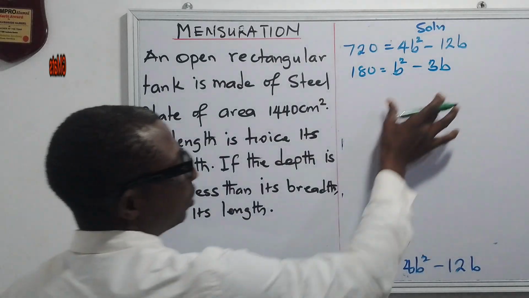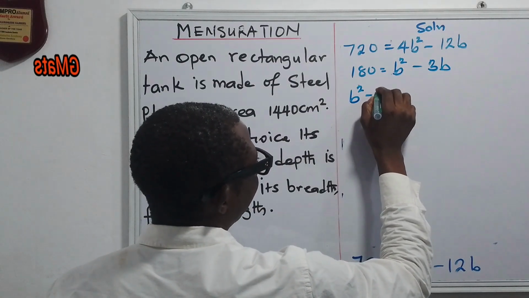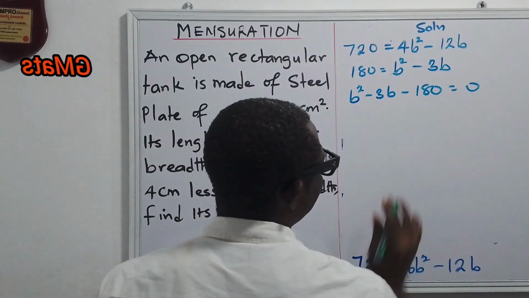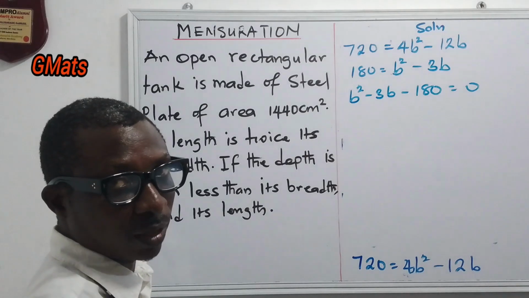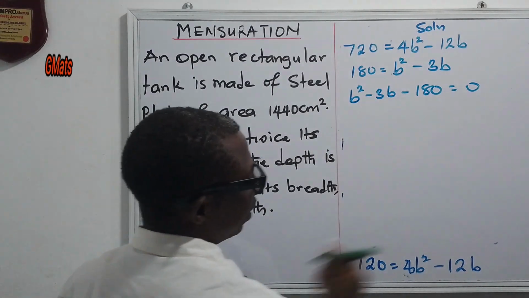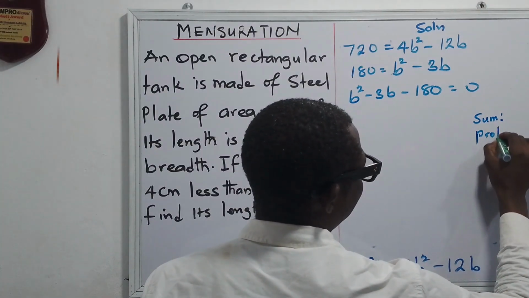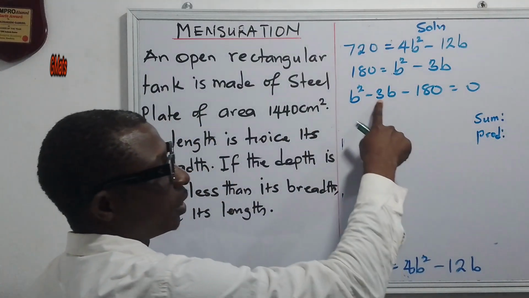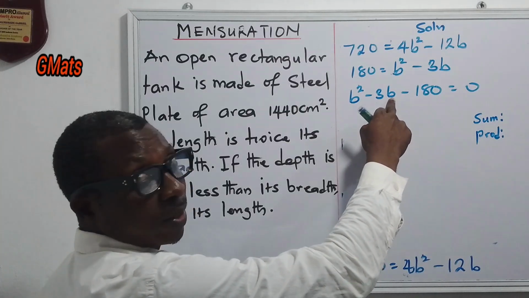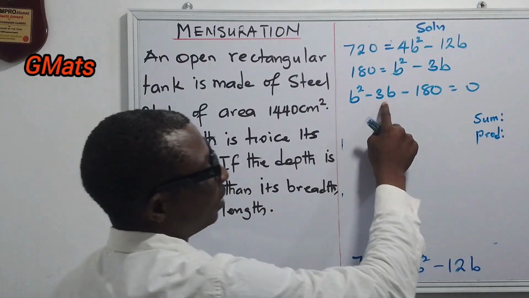All right, so now let's rearrange this. It is the same thing as B squared minus 3B minus 180 equals 0. Now, this is a quadratic equation, so let's find a way of solving this. Let's identify the sum and product. The sum is the coefficient of B, the alphabet that has a power of 1, so that is negative 3.